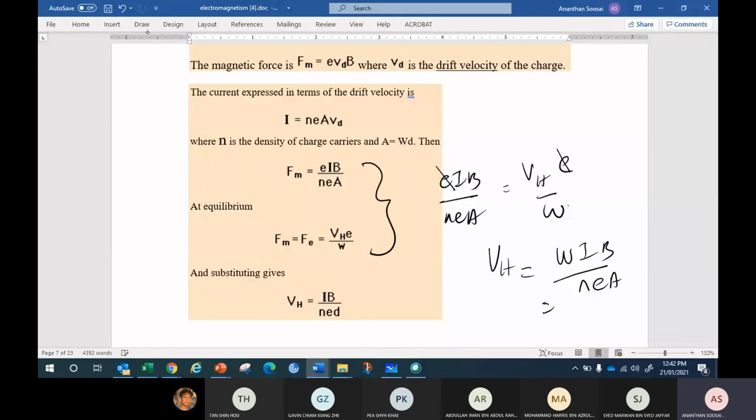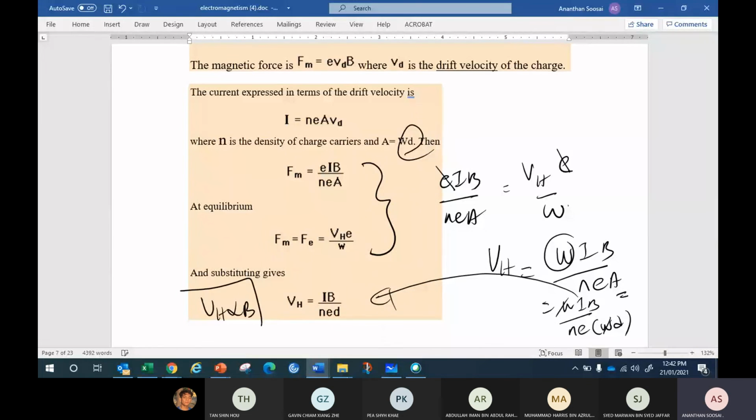Then the A is substituted as WD, so WIB over NeWD, W cancels, and you get this formula. So the conclusion: VH is found to be proportional to B.